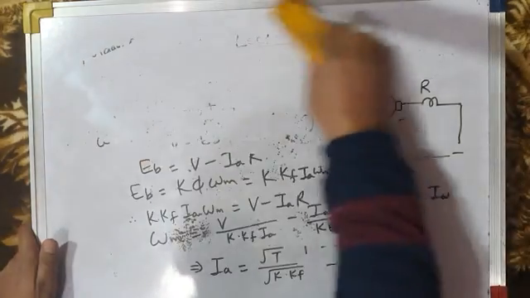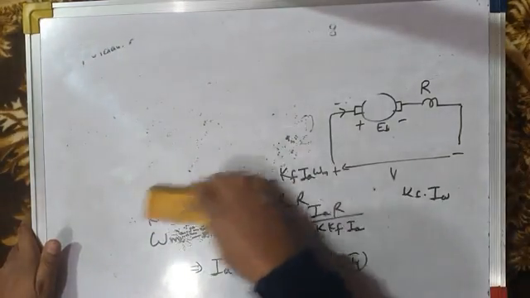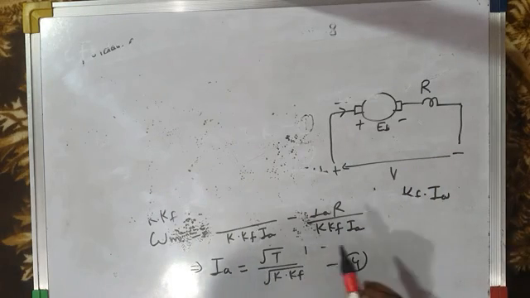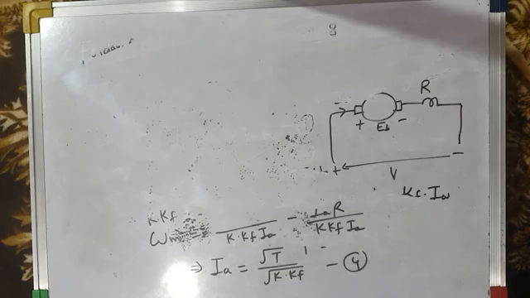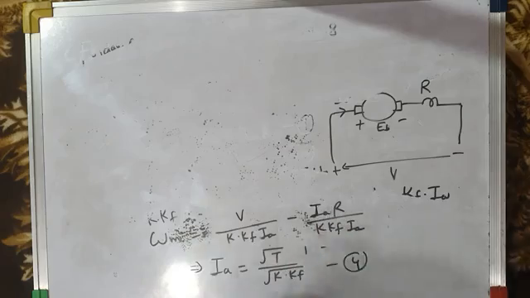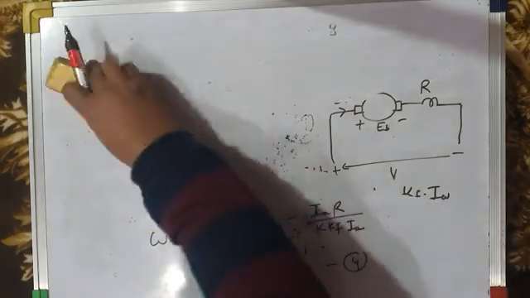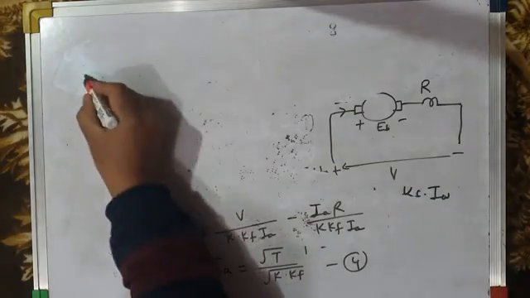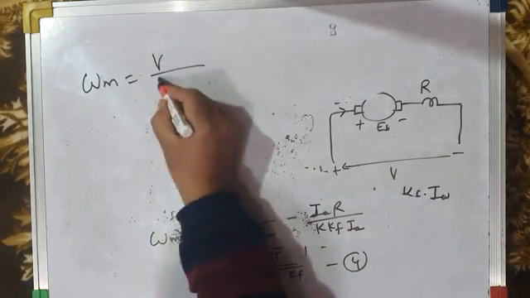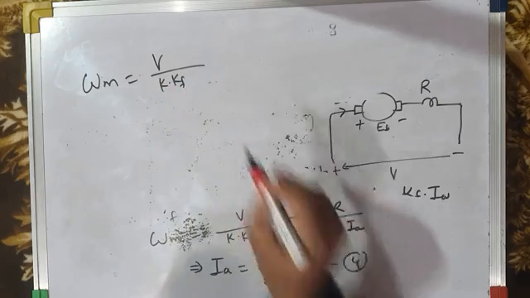So this is what we get. This is omega m. We can simplify it. Omega m will come out to be V divided by K into Kf into IA.